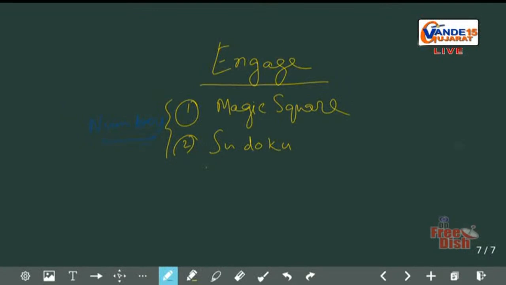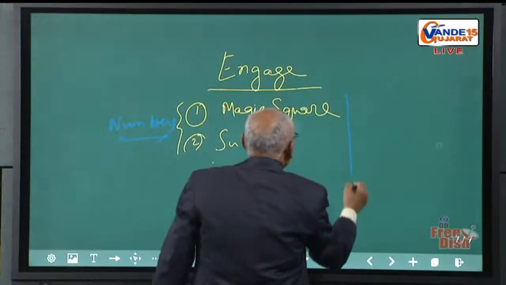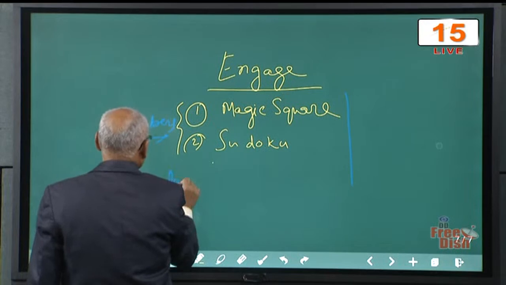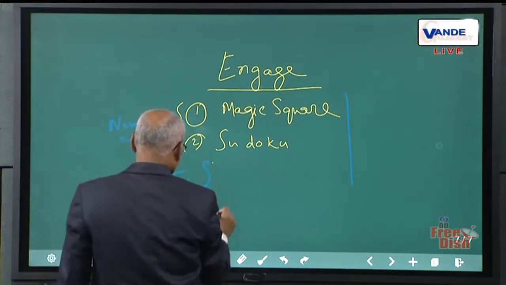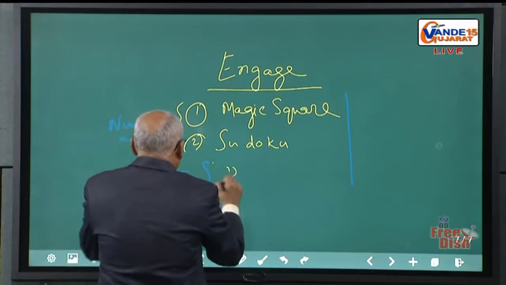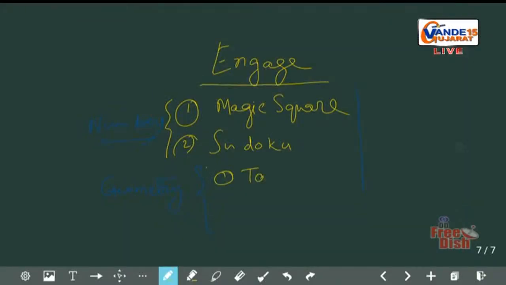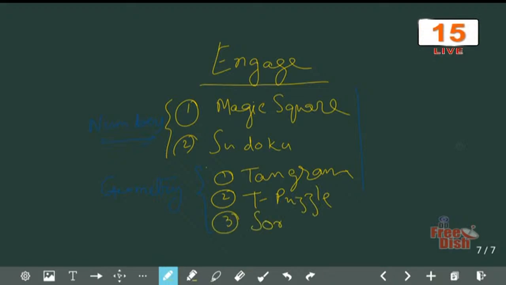And for geometry, tangram, a geometrical puzzle, solving the T puzzle, and solving the Soma cube in 3D. These two are 2D.